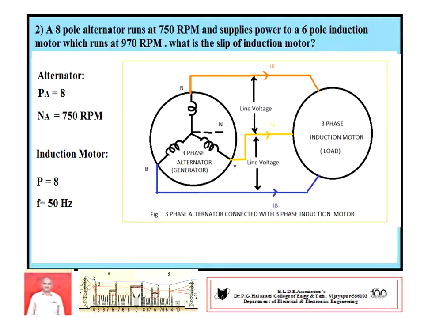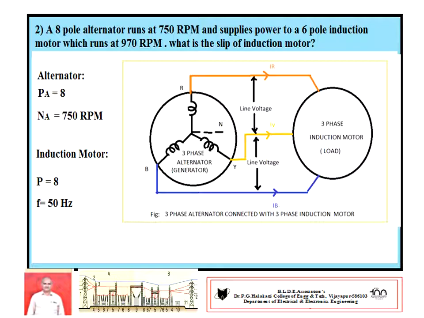Then go for the second problem. An 8-pole alternator runs at 750 rpm and supplies power to a 6-pole induction motor which runs at 970 rpm. What is the slip of the induction motor? Observe very carefully, draw the diagram, understand the depth of the problem. In the previous problem, frequency is given, we went to ns, then slip, but here frequency is not given, it is indirectly given.